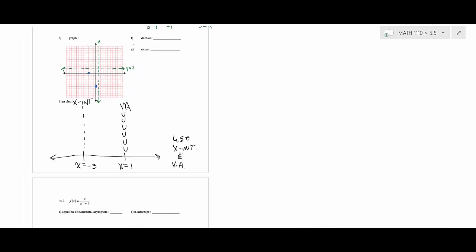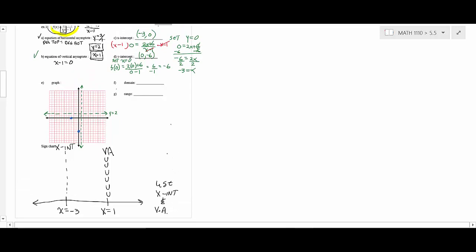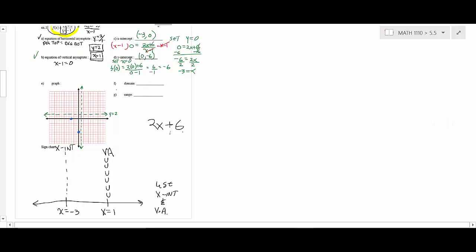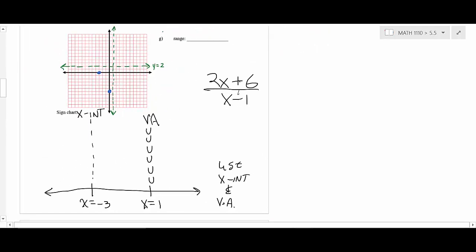Let's go ahead and somewhere at the side write down the function, which is 2x plus 6 over x minus 1, so I can show you what I'm doing with that. This is called a sign chart, and this will tell you how the graph behaves. Then we can do a sketch of the graph.